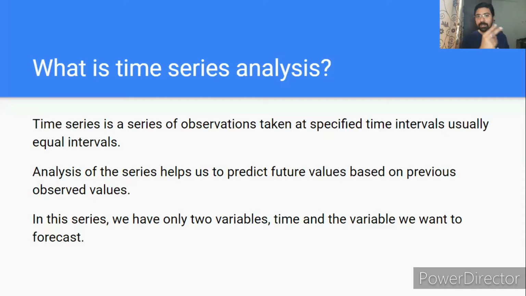Now there can be two types of time series data. The variable which is most significant, and which you want to forecast for the future, like if the rainfall is 100 millimeters today, what will be the rainfall on this day next year?